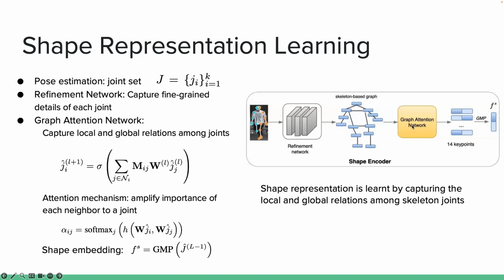This is important when, for some poses, some joints are unobservable or occluded, so some other joints may contribute more to the shape embedding. Finally, the shape embedding is obtained by global max pooling of the set of joints after the last attention layer.